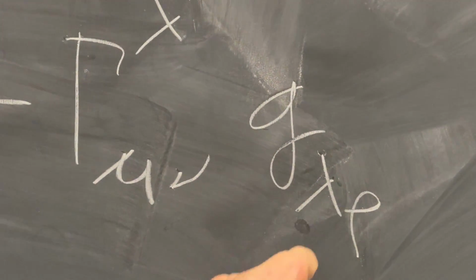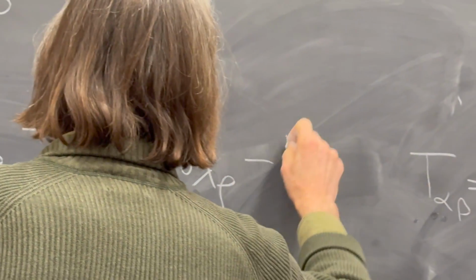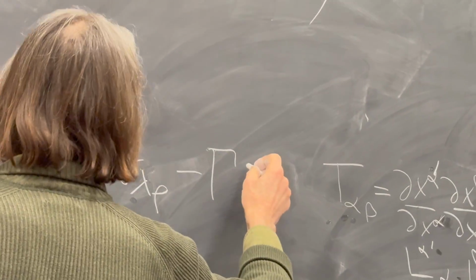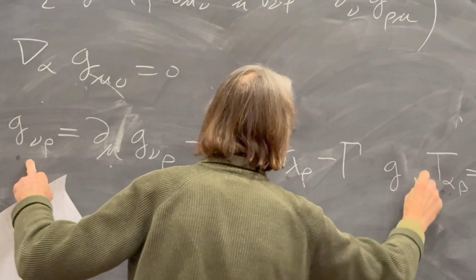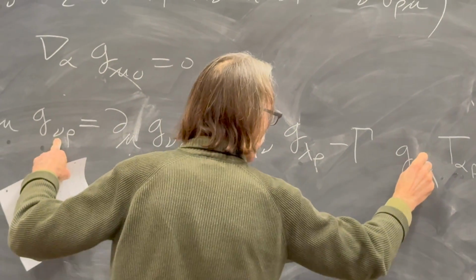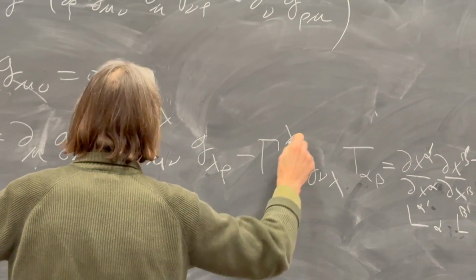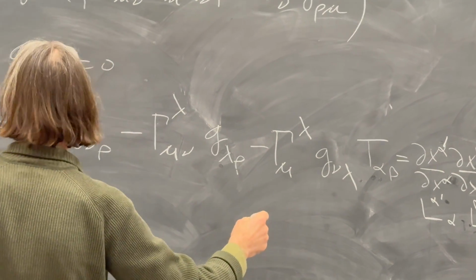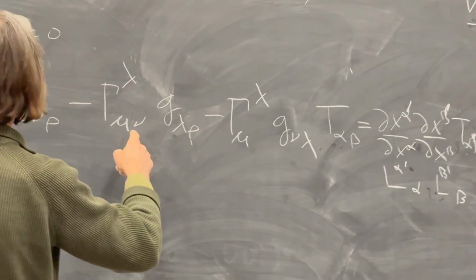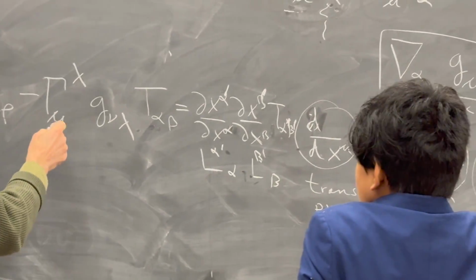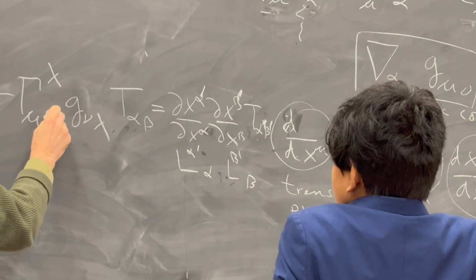So the first index is contracted, and then the second index of g is contracted. The first remains what it was. There's a lambda here, there's a mu here, and we have still one index, that is, what is it, the rho.